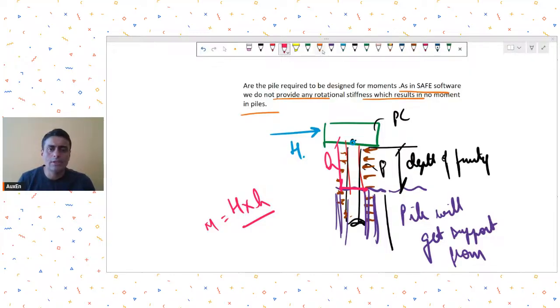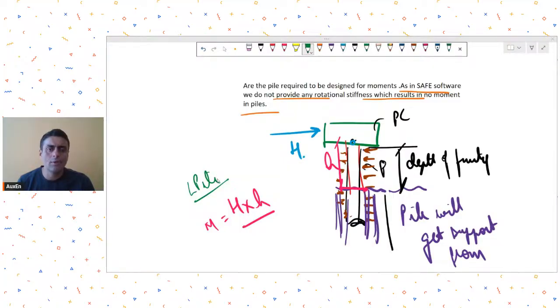Now, how to calculate this depth of fixity? People use some software like L-Pile also. It is commercially available software where you model the different layers of the soil, and then it is able to calculate the depth of fixity.